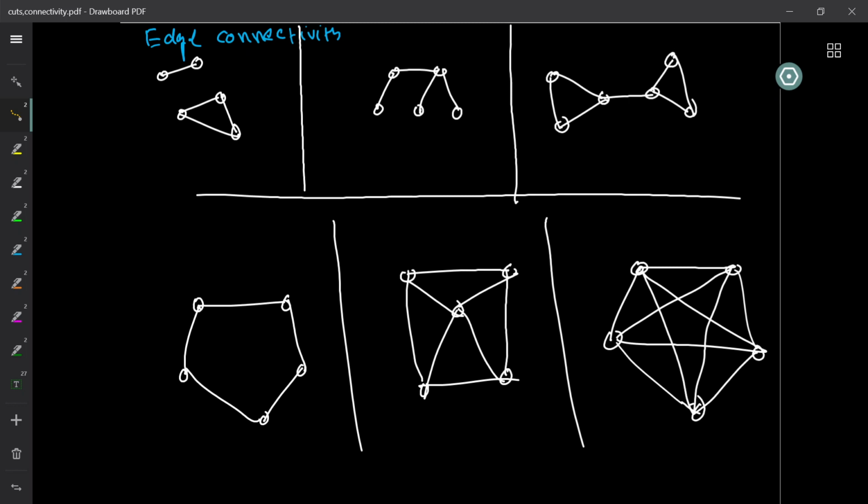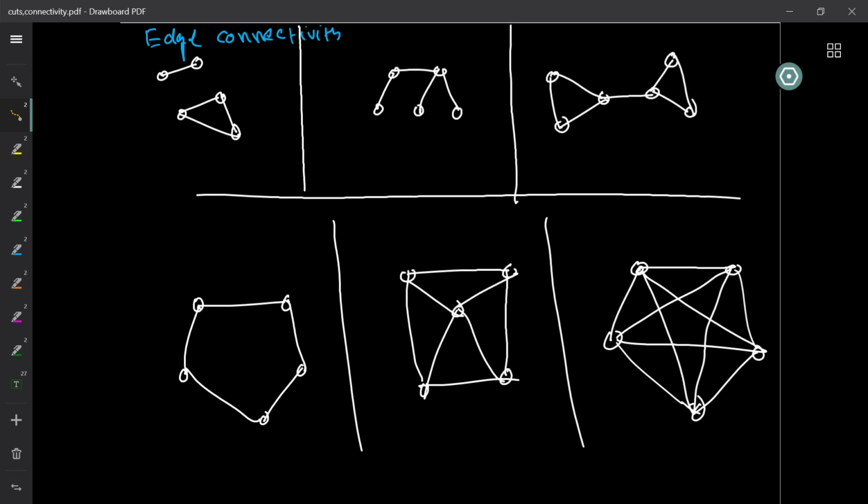Then you can also disconnect the graph by removing edges. If you remove all the edges incident with one vertex, that vertex becomes isolated, so the graph will become disconnected. That is clear, and so now we can talk about the connectivity in terms of the edges.